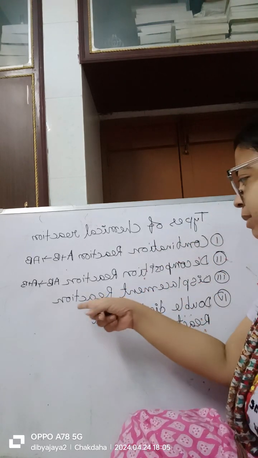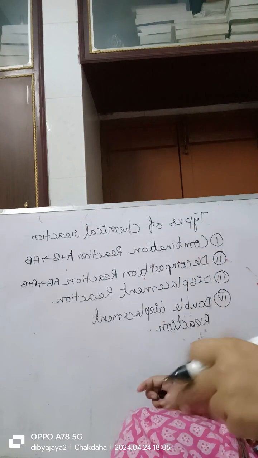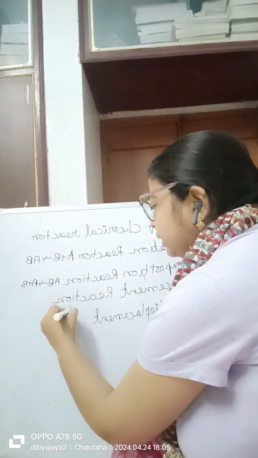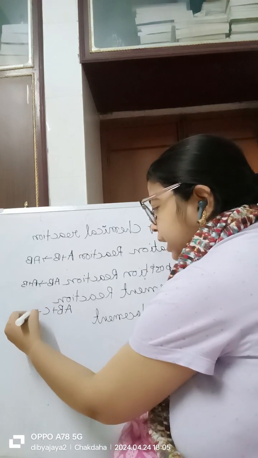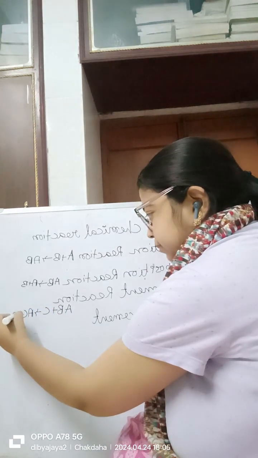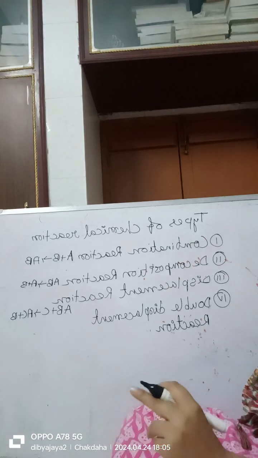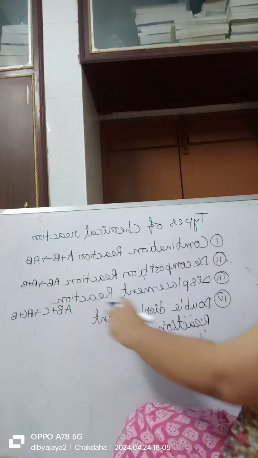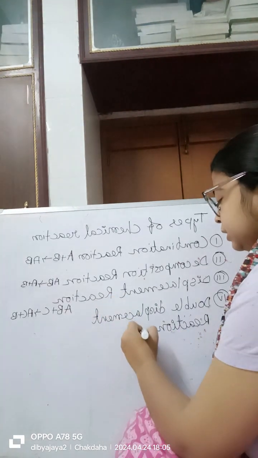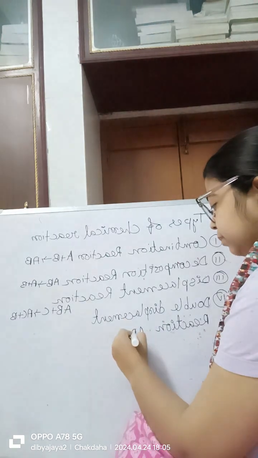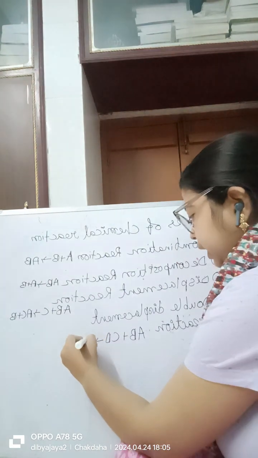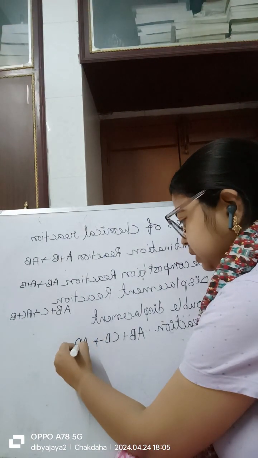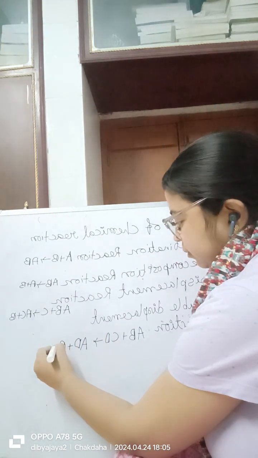Single displacement reaction is AB plus C, then we get AC plus B. And the general equation of double displacement reaction is AB plus CD, then we get AD plus BC.